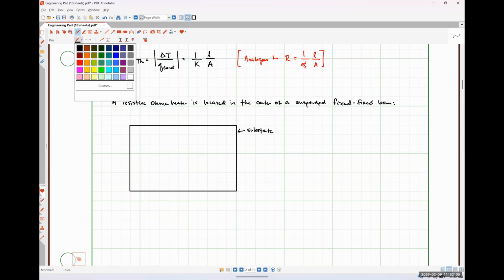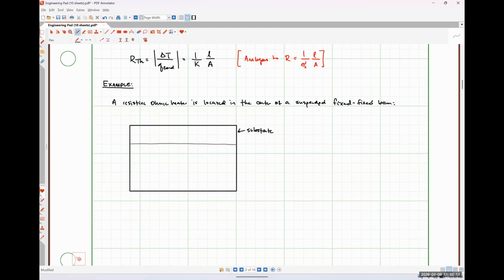And then here's our beam on top. So our substrate is essentially acting like a heat sink.